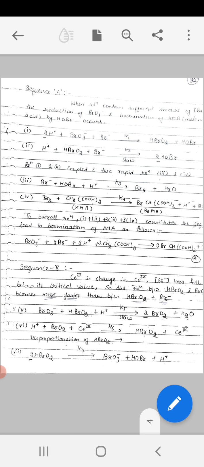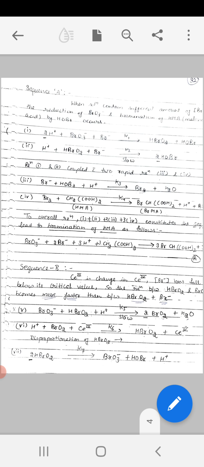In the fourth step, bromine reacts with malonic acid, CH2(COOH)2, with rate constant K4 to form BrCH(COOH)2 plus H+ ion plus bromide, that is bromomalonic acid. The overall reaction, first plus second plus third plus fourth, constitutes sequence A, leading to bromination of HMA as follows: BrO3- plus 2 Br- plus 3 H+ ions plus 3 CH2(COOH)2 gives 3 BrCH(COOH)2, bromomalonic acid, plus 3 water, and this is sequence A.